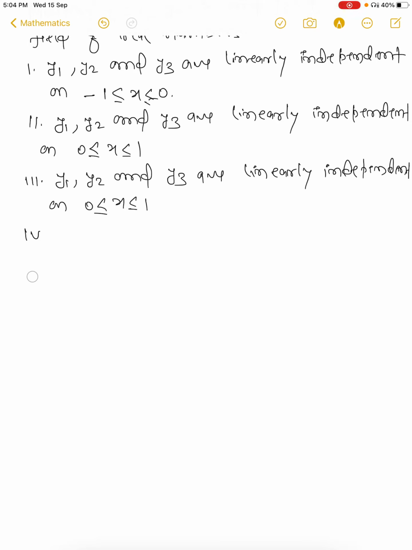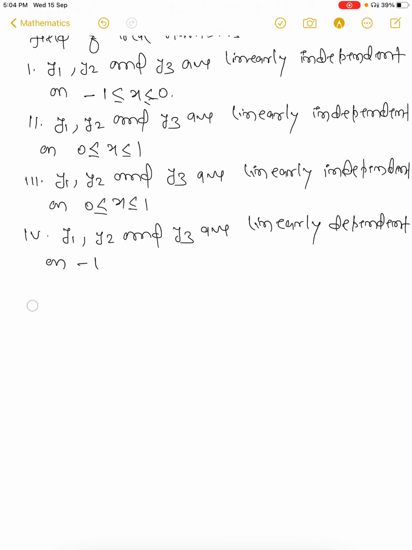Fourth one: y1, y2 and y3 are linearly dependent on -1 to 0.